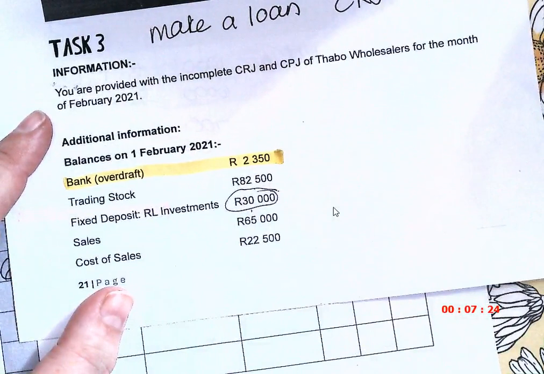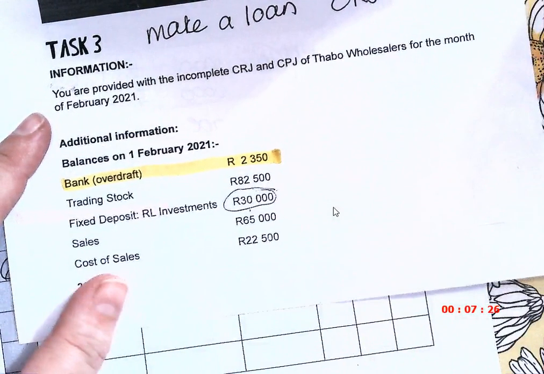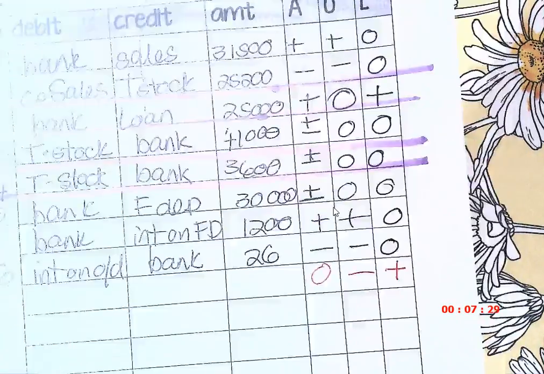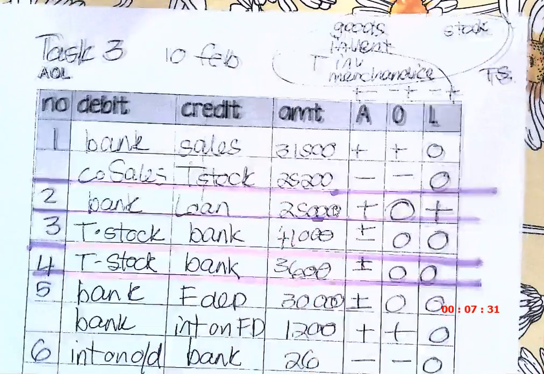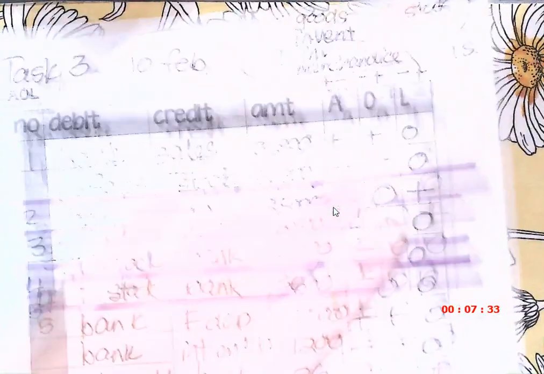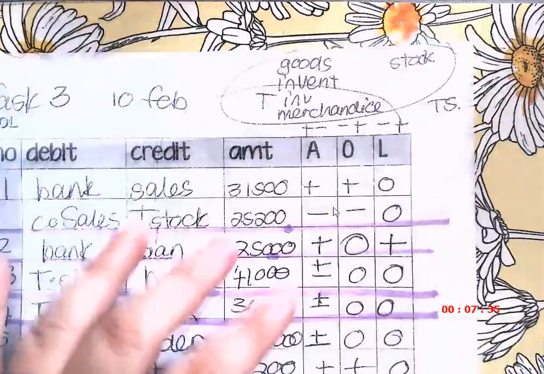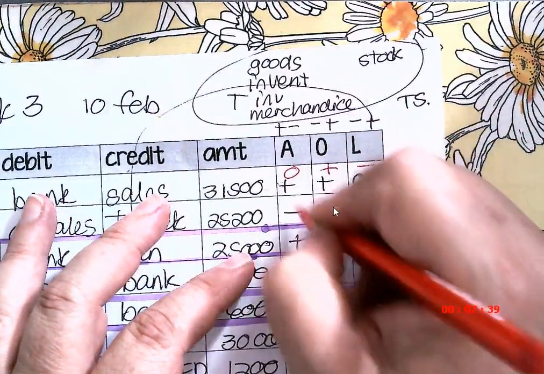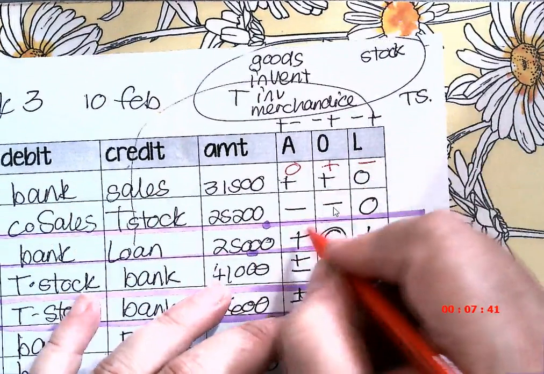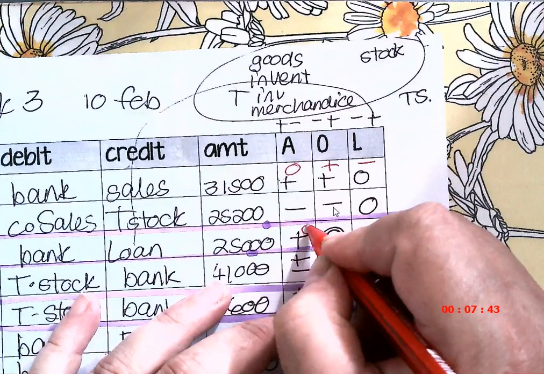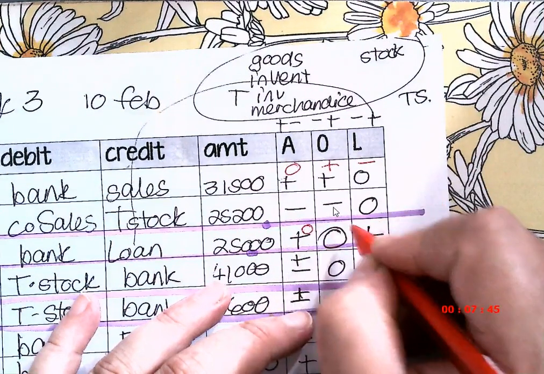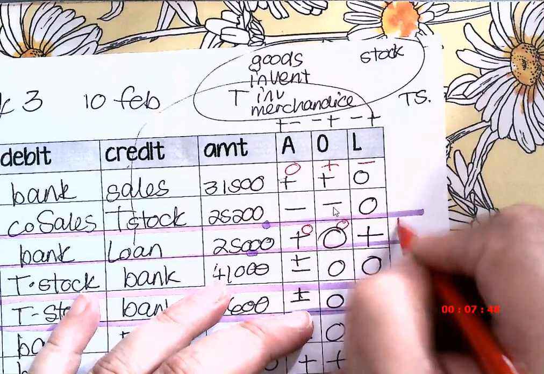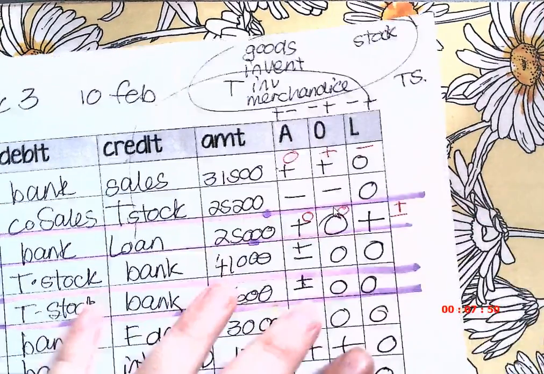So the start of the month, the bank was already an overdraft. So you could have gone and said, okay, everywhere here, bank is a liability. Then it would have looked like this. 0 plus minus, minus minus. 0, 0 plus minus. You understand what I'm doing?